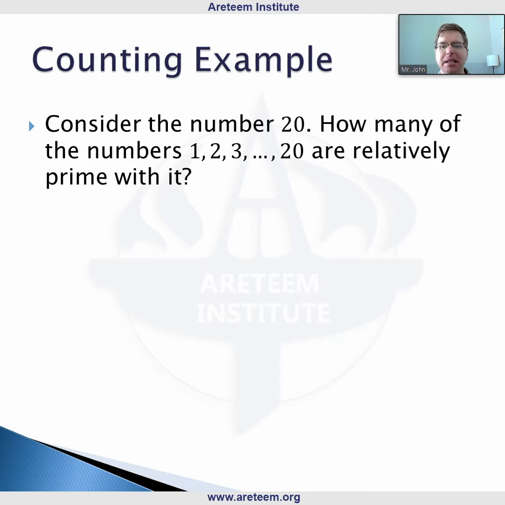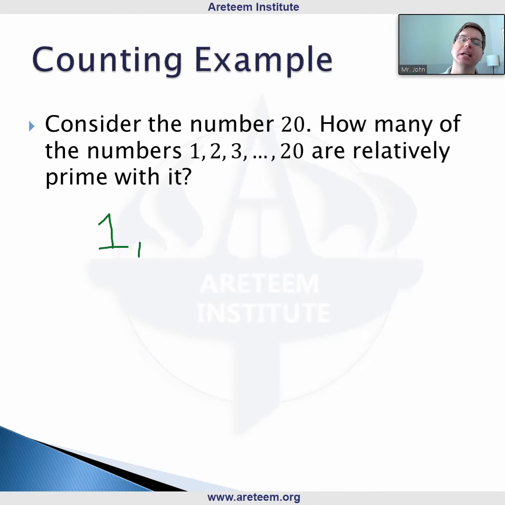So let's list out the numbers that work here. 1 is relatively prime. 2, all of the even numbers are not. Remember, it's not just factors of 20. We have to get rid of 2, we have to get rid of 4, that's correct.